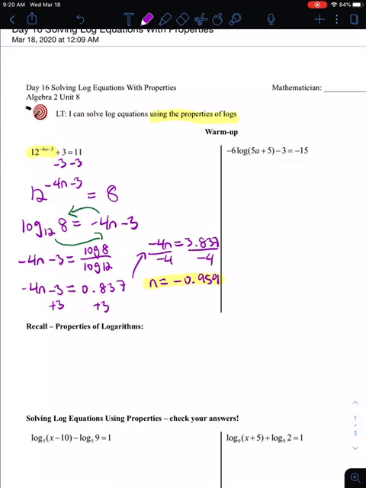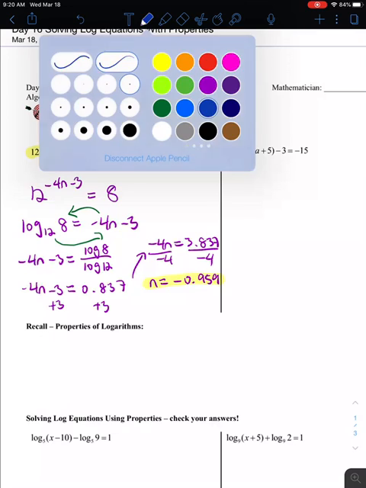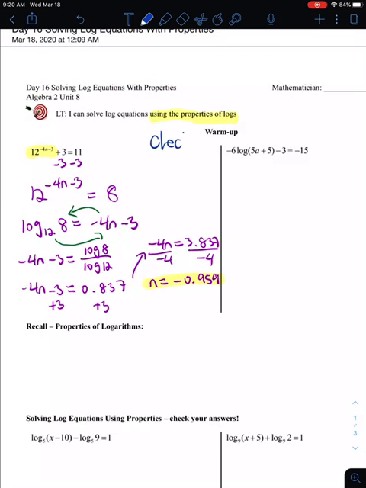Of course, it's always a good idea to check your work, which I can do up here. The goal is just to plug in our value for n. So plug in negative 0.959 minus 3 and then plus 3. I should get 11.